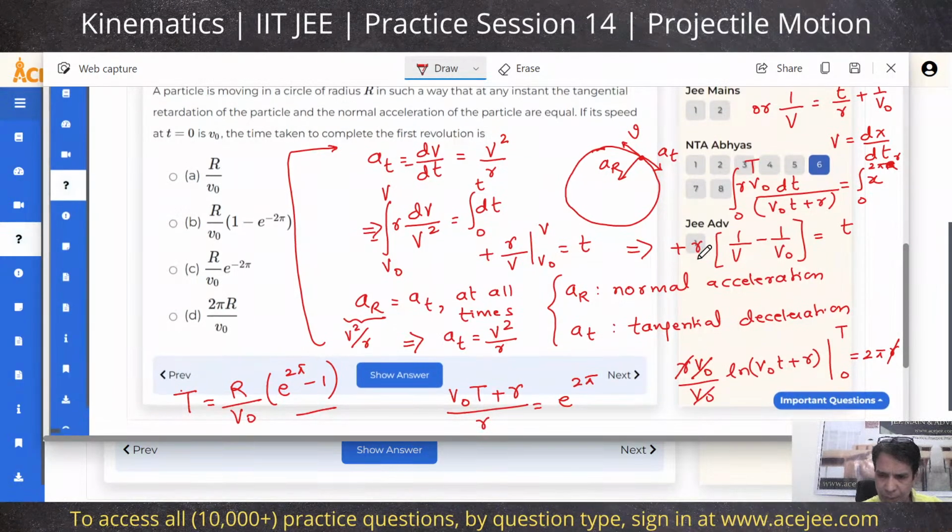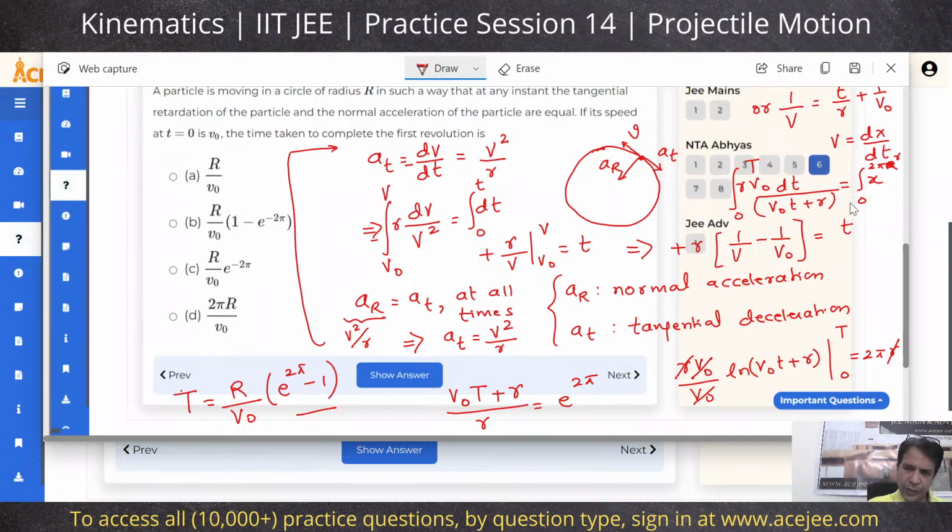So in the integral, in the last integral that we're doing, shouldn't the denominator be r minus v0 t? Yes.